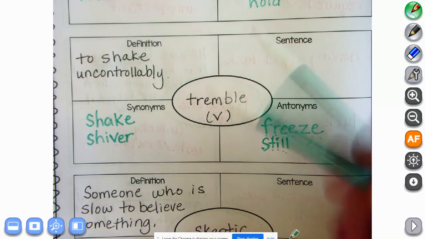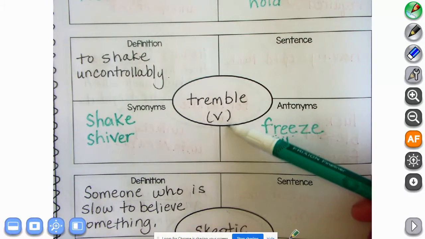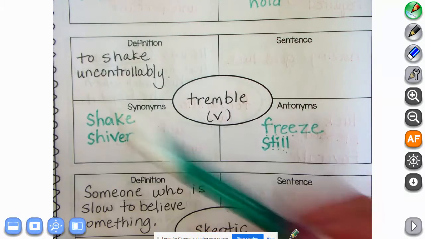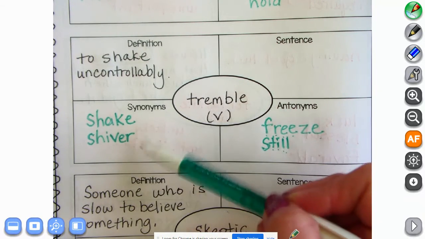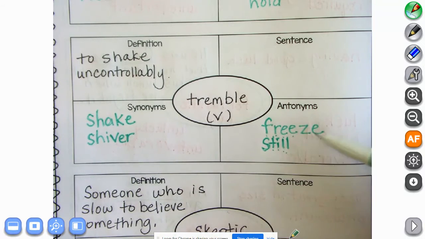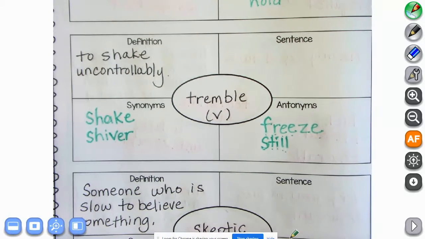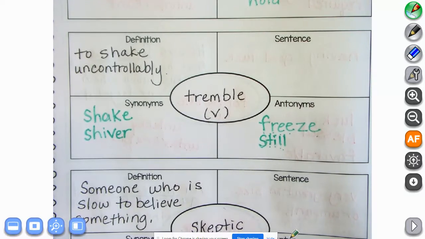Okay, make sure you have tremble and verb, to shake uncontrollably. Words that are similar, shake and shiver. Words that are not, freeze and still. All right, if you need more time, go ahead and press pause right now.